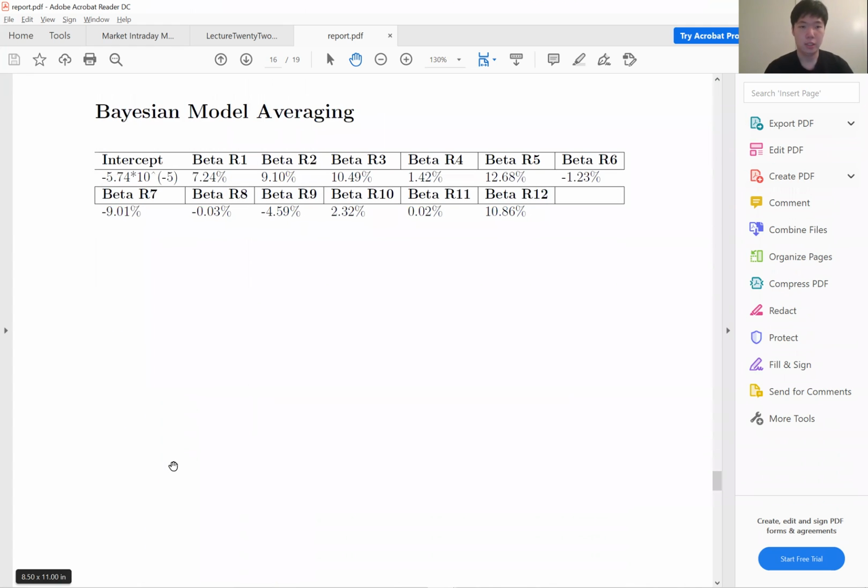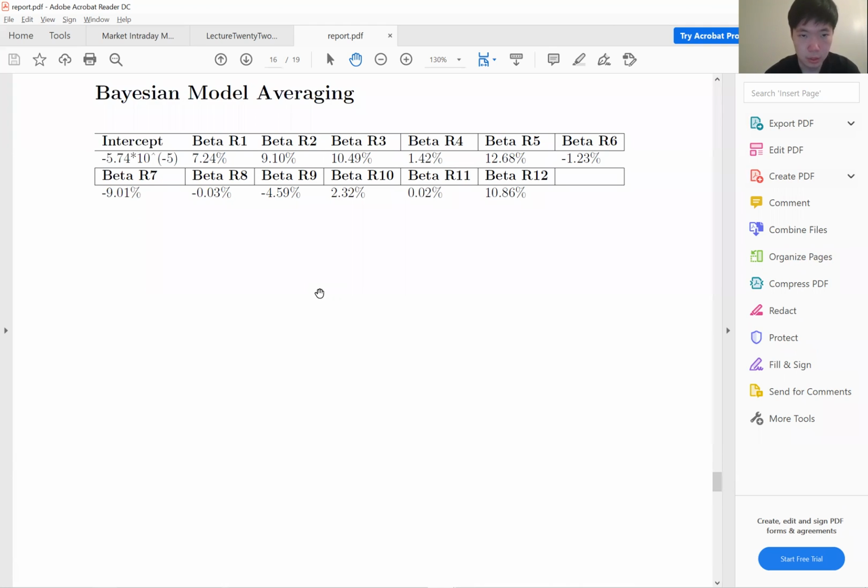So here are the Bayesian model averaging parameters I get. The intercept is this, and these are the coefficients for each variable. As we can see, the 1st, 2nd, 3rd, 12th, 5th, and 7th all have a pretty big explanatory power, while the rest of these variables are not that significant.